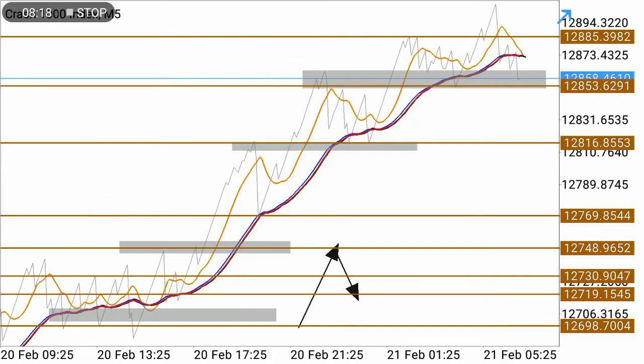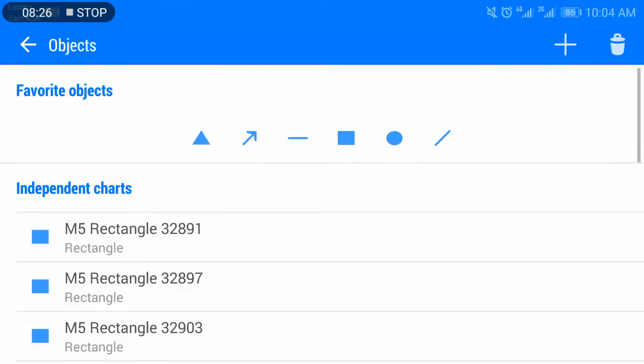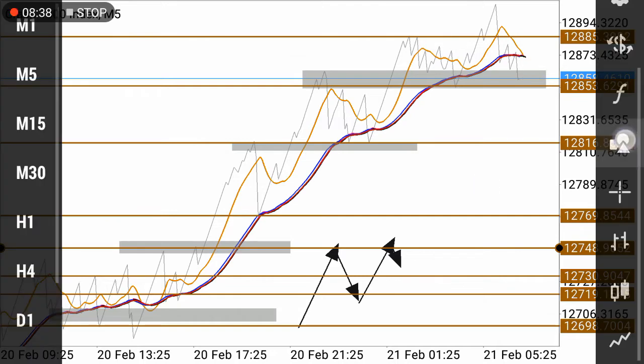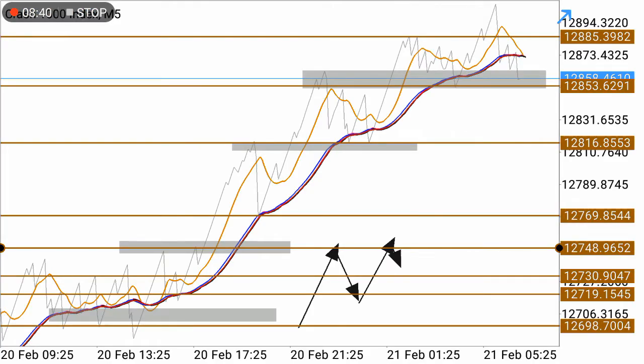Once the market bounced back, look, it again touched this resistance area and made a pullback, a fake pullback, because of this resistance.